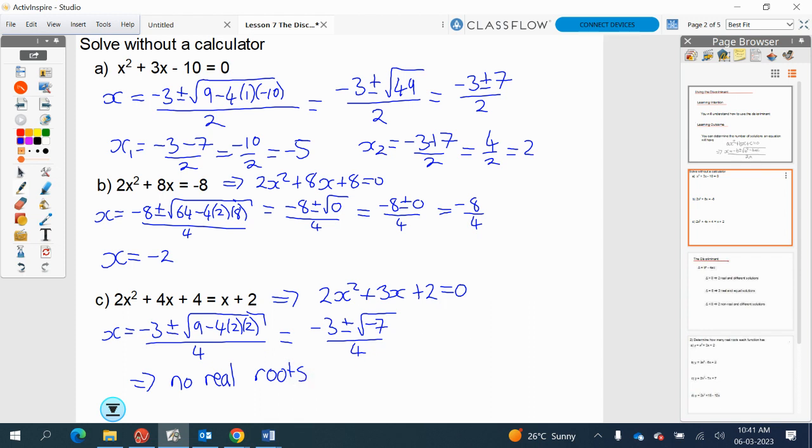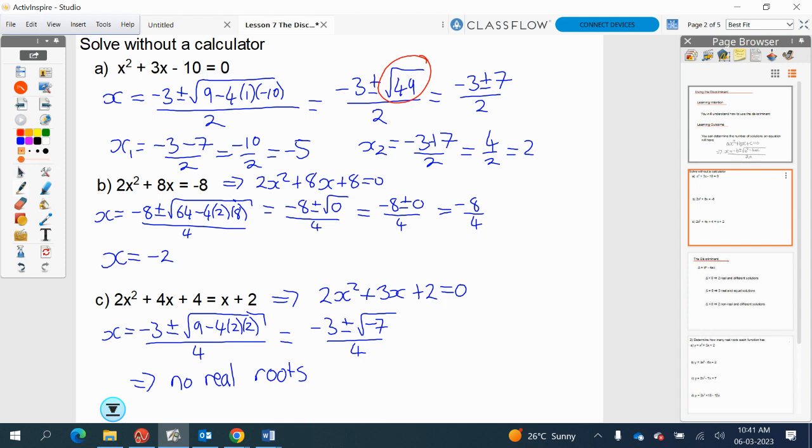Now, what's happened here is we've got three different outcomes from our use of the quadratic formula, and we can see where this is happening. In this first equation, at this point, we're square rooting a positive number. If we square root a positive number, we will get a positive answer. We can add and subtract that answer from whatever minus b is, and that will give us two solutions.